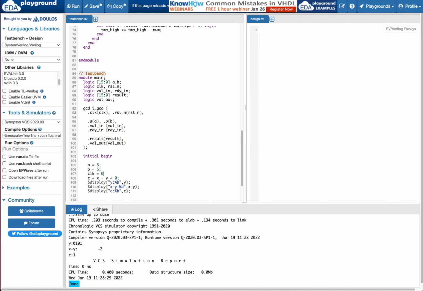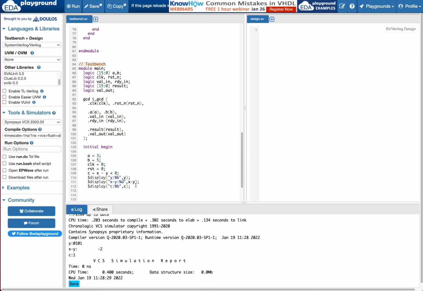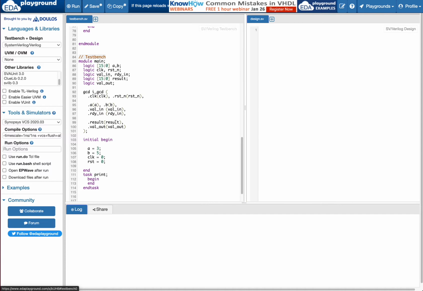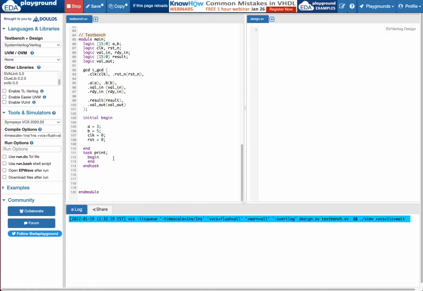And now just say clock is 0, reset is negative. Just kind of curious if this worked. Task, print, begin, end task. Is this how task syntax is? It's been a while.